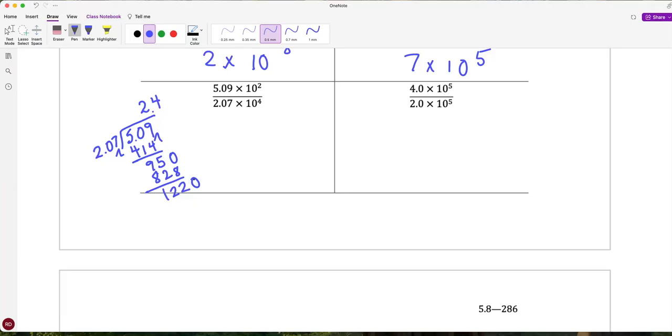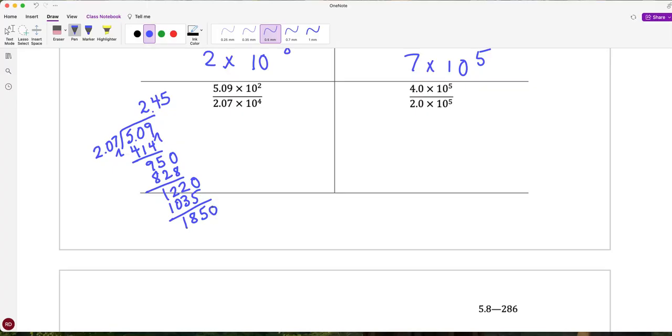207 will go into 1220. So it would go into there, I think 5 times. So that's 1,035. 10 minus 5 is 5. And this is an 8. 185.